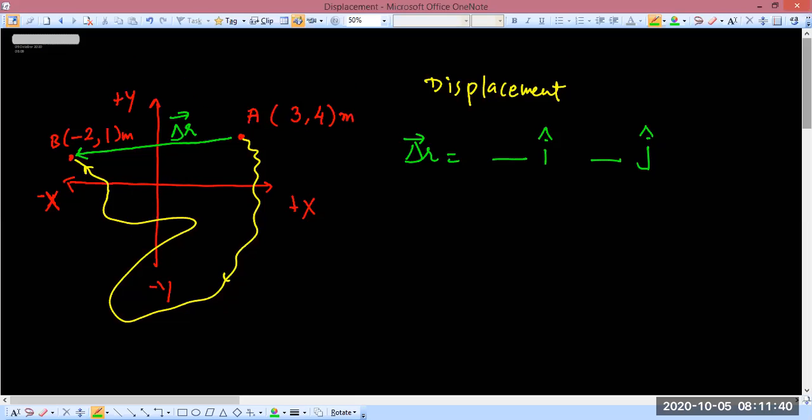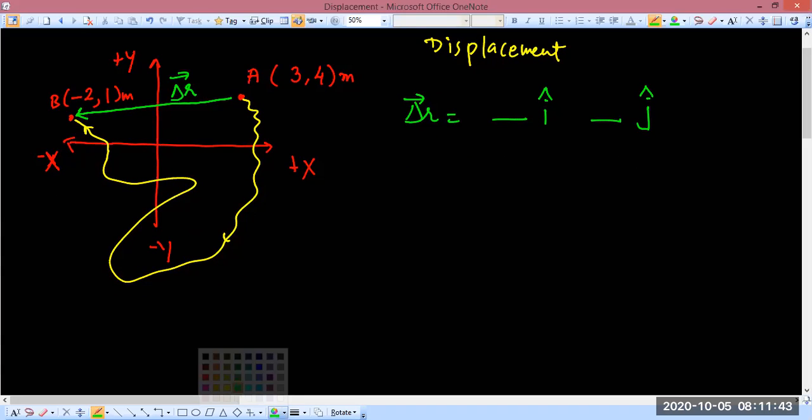So to do that, remember this. To do that, you should draw the vector. Let's say this is that delta r vector. I've just drawn it over here again. We should trap it compulsorily. We should trap it in a rectangle. Trap it, that is like this.